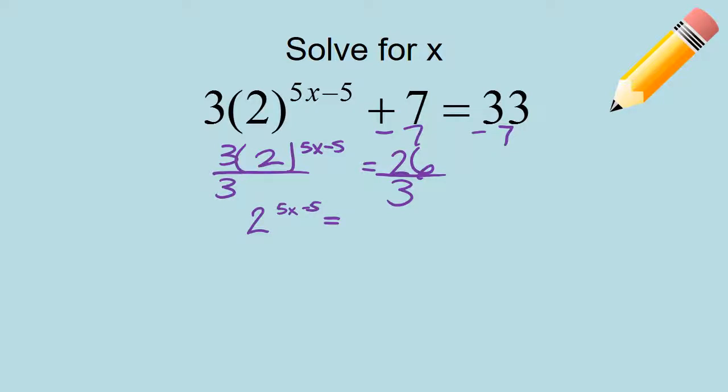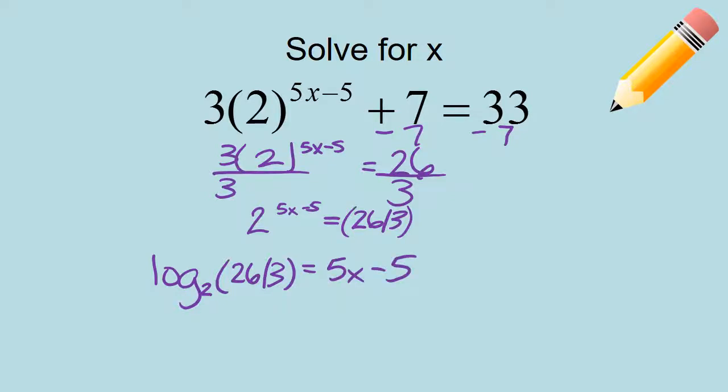So 26 over 3 is irrational. I'm going to leave it as 26 thirds. Okay, that's just going to make it easier to type in my calculator, or you could type it in and use it as an answer using your answer key. So in this case, I'm going to convert log base 2 of 26 thirds equals 5x minus 5.